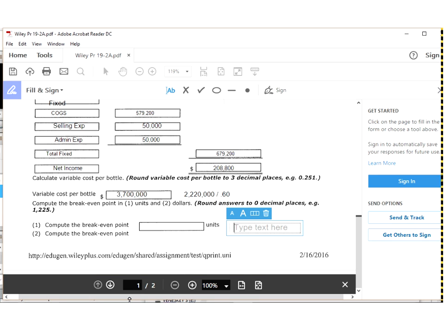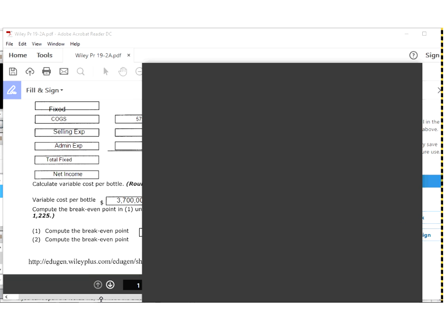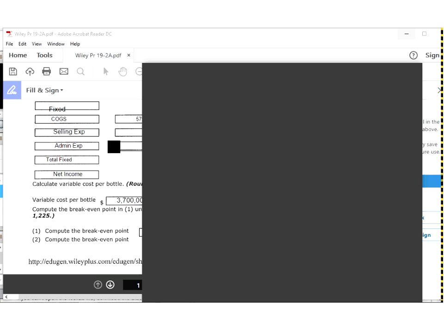If it helps, you may want to have my notes open on the side. I'm going to go ahead and open them up so I can refer to where we talked about this. I know you can't see these. This will be gone in just a second. But in my notes, page about 6, break even was our fixed cost divided by our unit contribution margin.